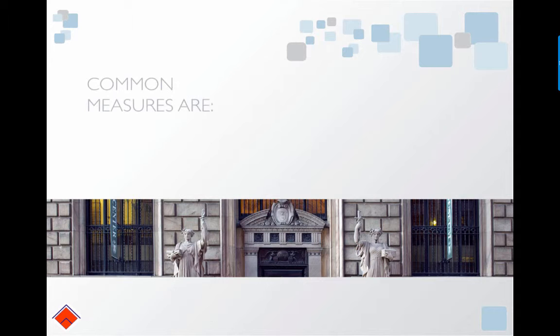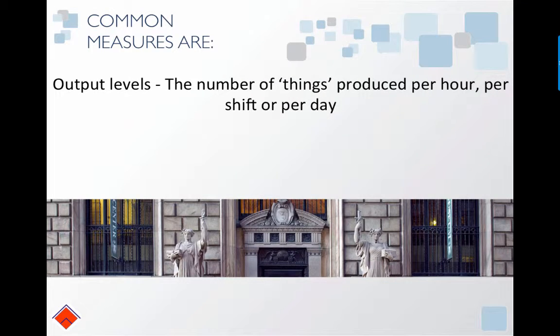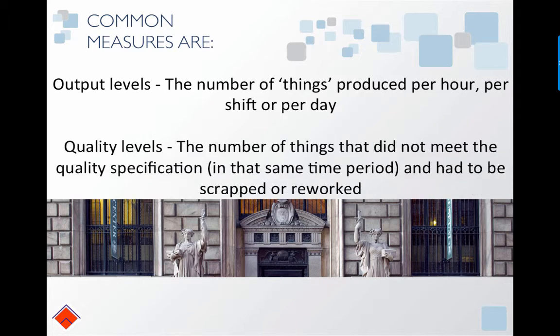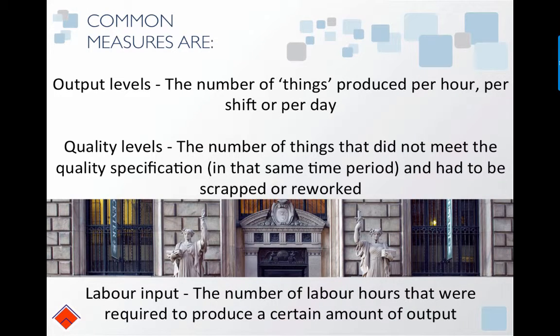For most jobs, measurement is actually very simple. For example, we can usually measure quite simply things such as output levels, the number of things produced per hour, per shift, or per day. Quality levels, the number of things that did not meet the quality specification in that same time period and had to be scrapped or reworked. Labour input, the number of labour hours that were required to produce a certain amount of output.